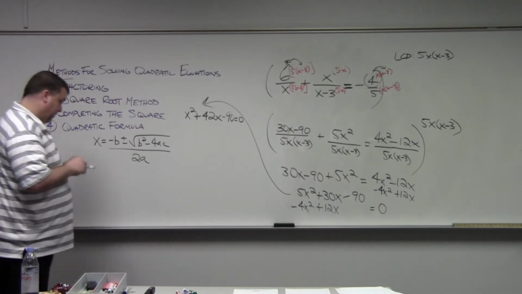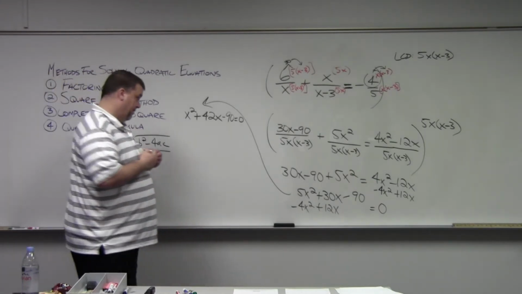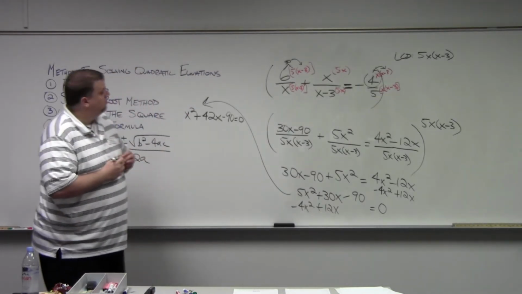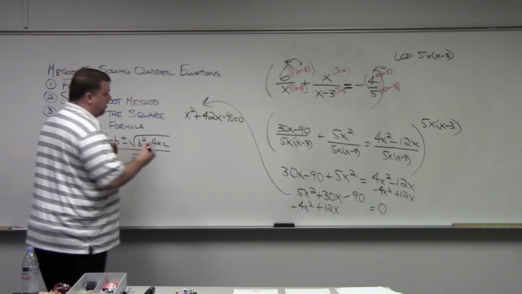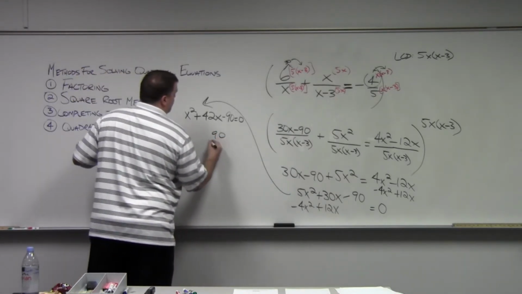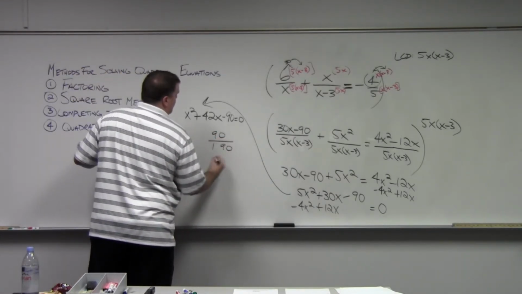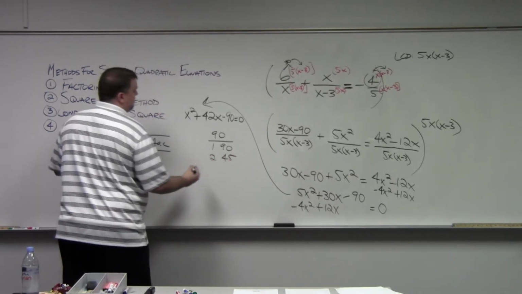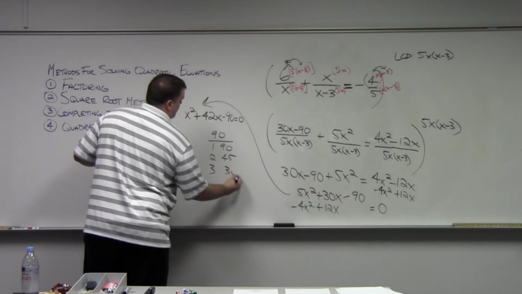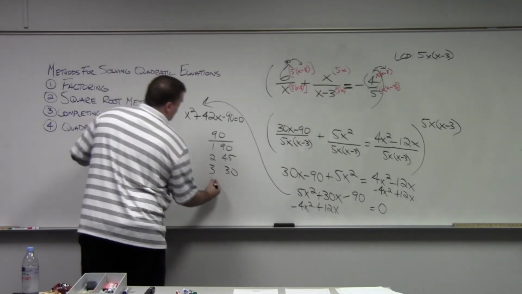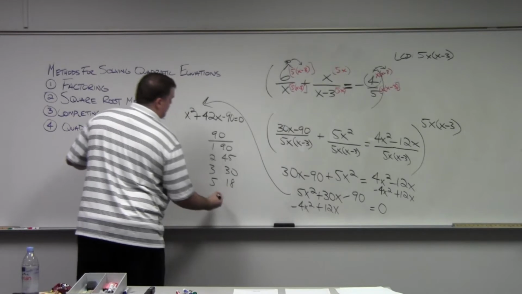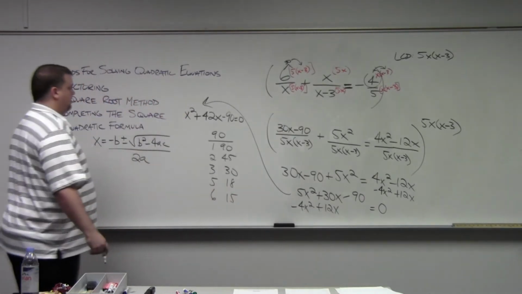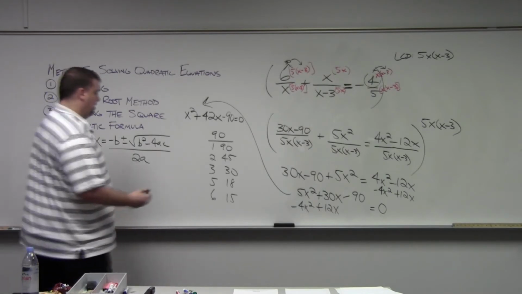So let's see if we can factor it. Are there any factors of negative 90 that give us a positive 42? That's a good question. 1 and 90, 2 and 45, 3 and 30, 5 and 18, 6 and 15, 9 and 10.